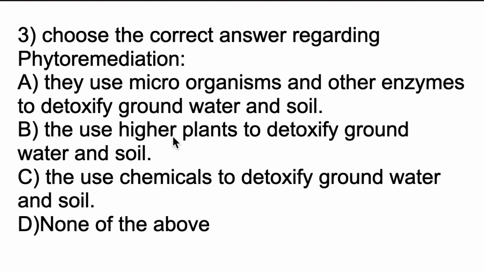When they use microorganisms or other enzymes to detoxify groundwater and soil, that is regarded as bioremediation. And when they use higher plants to remove the pollution from groundwater and soil, this process is called phytoremediation. Option B is the correct answer.